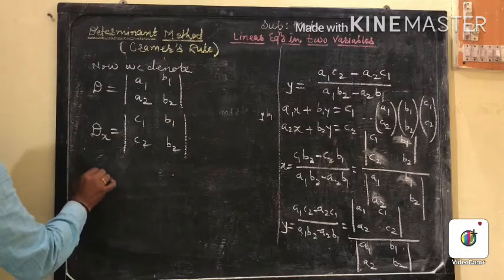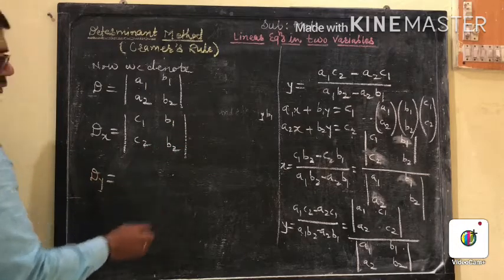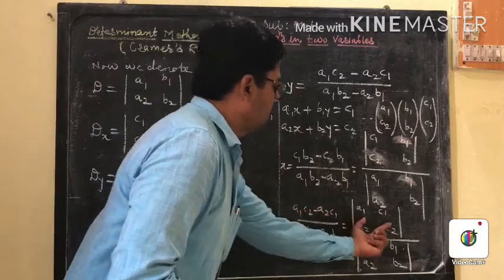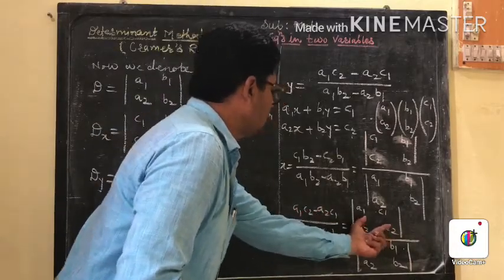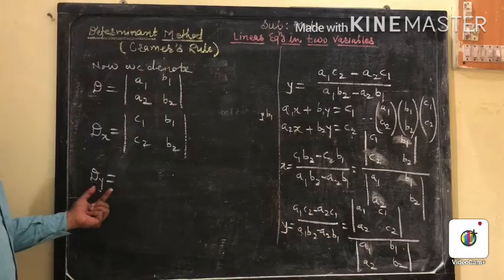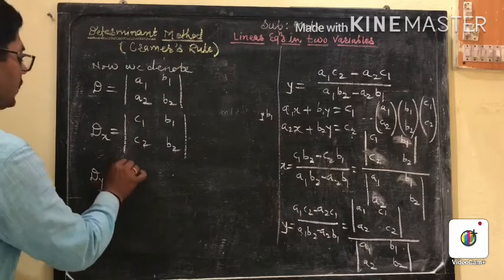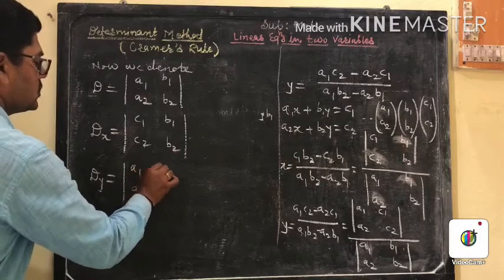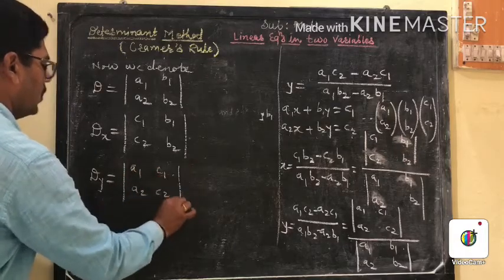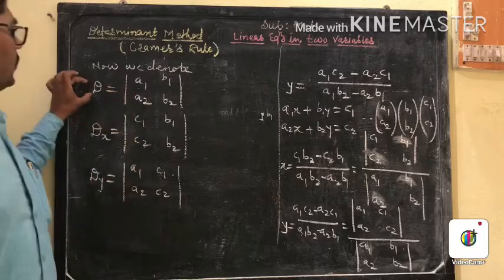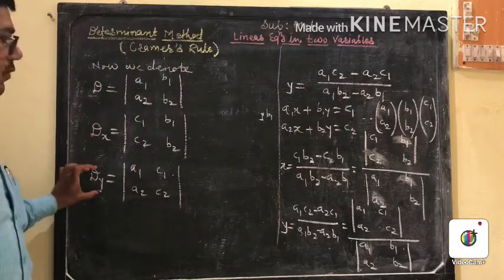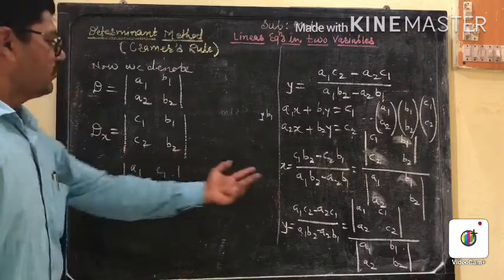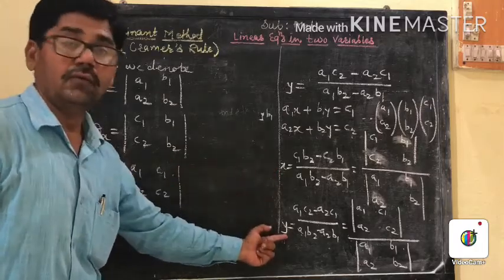The determinant for y we denote by Dy, and this determinant is a1 a2, c1 c2. If you find the values of D, Dx and Dy, you can find the values of x and y.